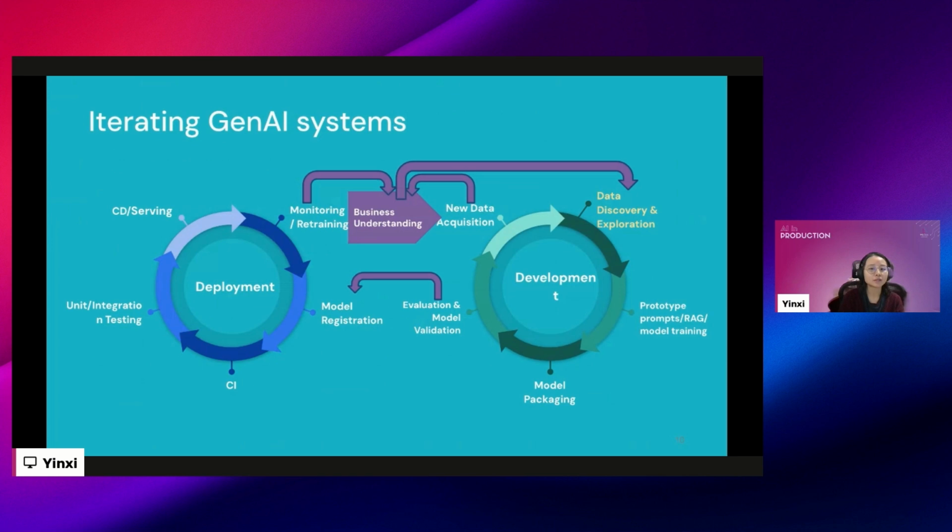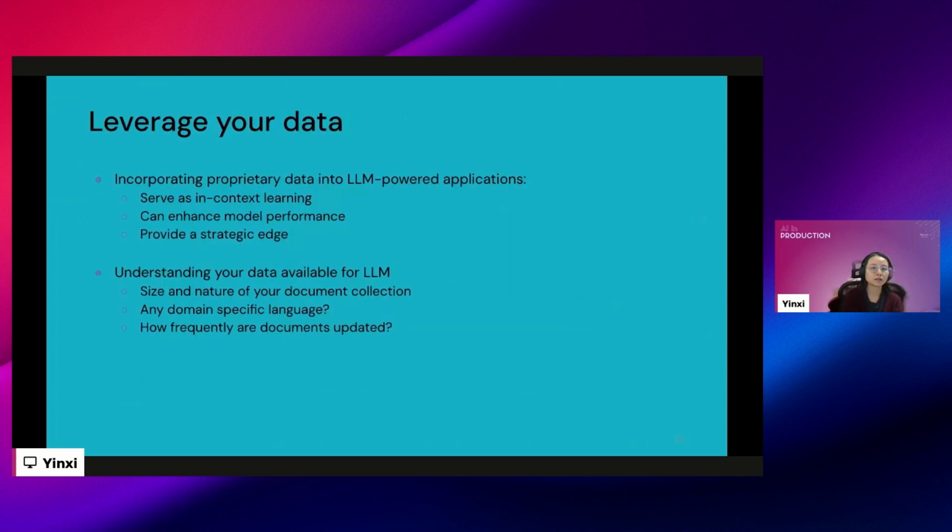Then the next step is data exploration and analysis. Incorporating proprietary data into LLM-powered applications provides additional context to the LLM and makes it more performant and reduces its hallucinations. So understanding your data available for the LLM is critical.